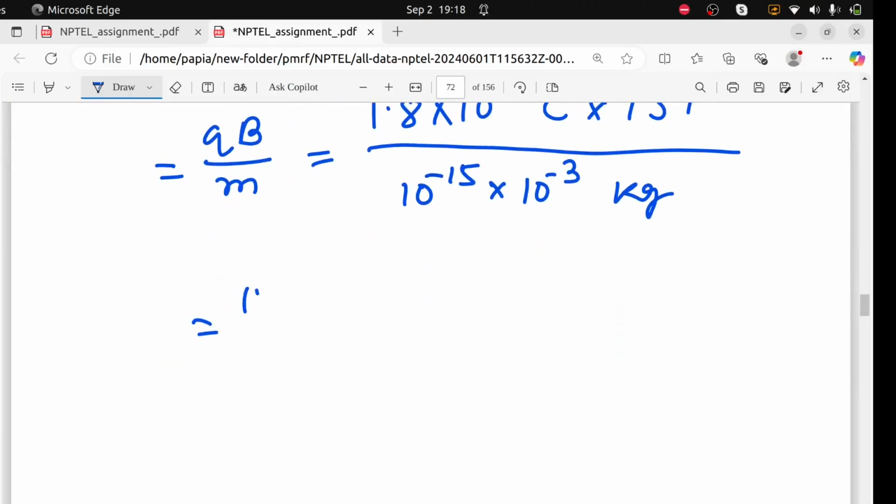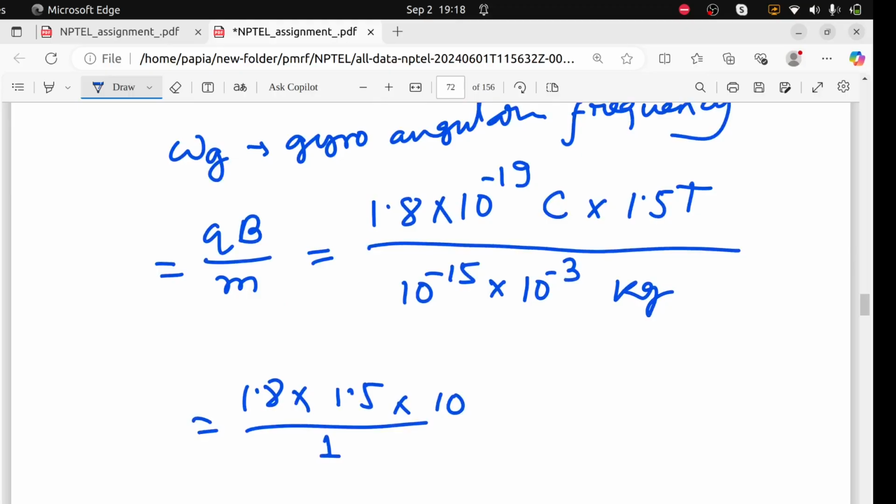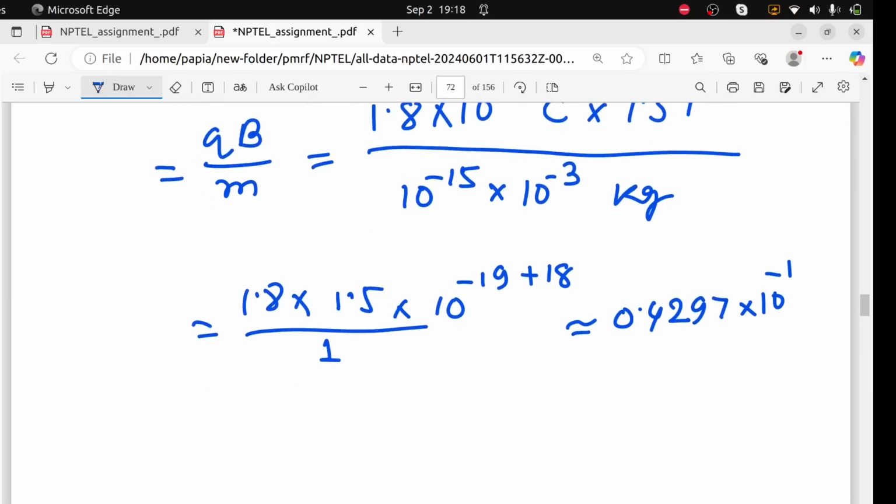Now you can see 1.8 into 1.5, 10 to the minus 19 plus 18. So if I calculate this, then it will be like 0.4297 10 to the power minus 1.